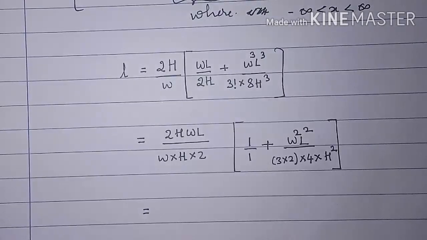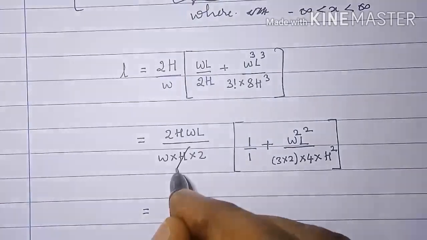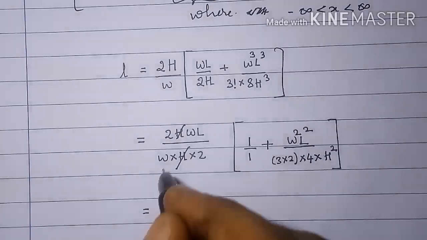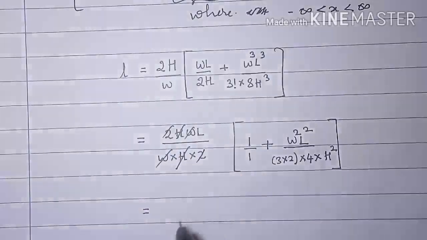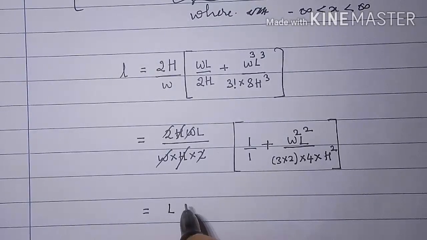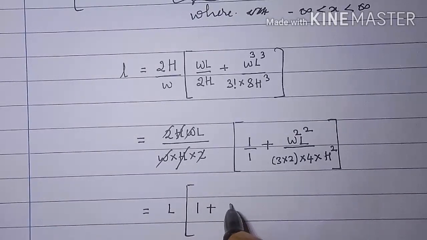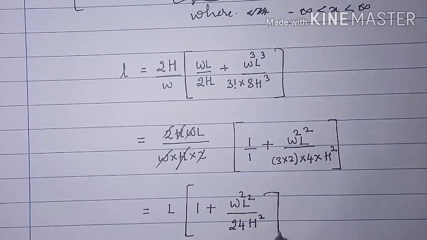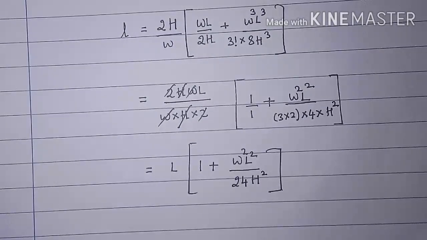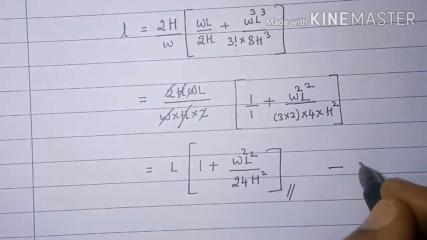That is equal to, cancelling h and h, W and W, 2 and 2, L, inside the bracket 1 plus W square L square upon 6 into 4, that is 24, h square. We will call it as equation number 5.